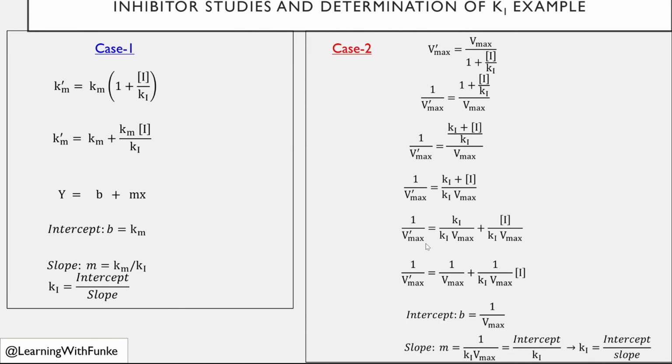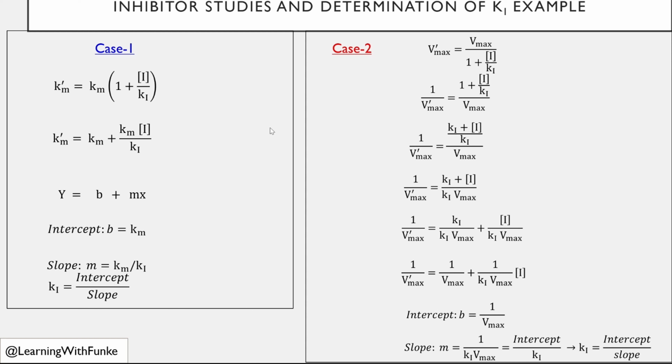All right. And so the next case now is going into inhibitor studies. We've talked about how Km changes in competitive. We said Km increases in the case of competitive to Km prime by the factor alpha, right? We also talked about how Vmax in competitive is equal to Vmax prime, so that doesn't change.